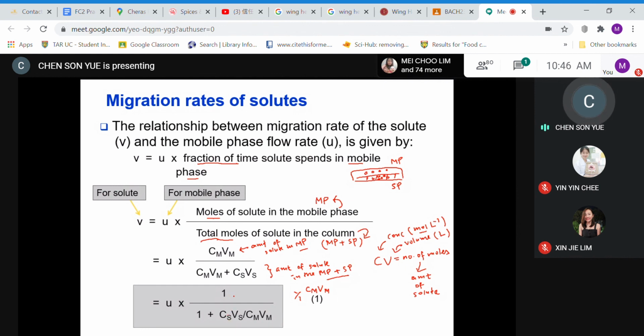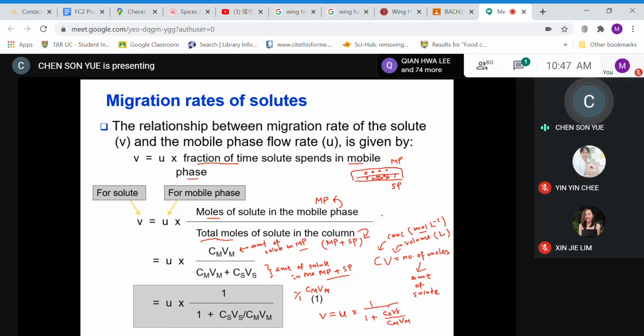And from this equation, what can we see? You can see V equals U multiplied by 1 over 1 plus CS VS over CM VM.